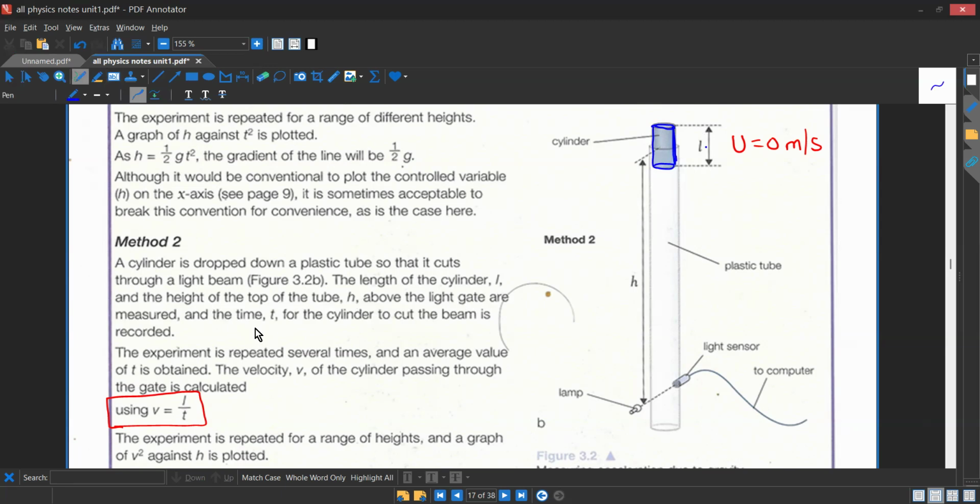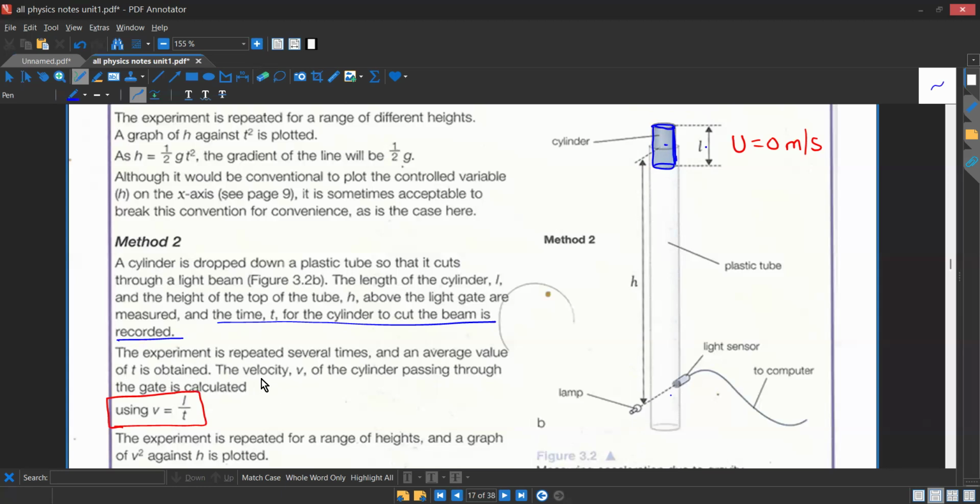The time T for the cylinder to cut the beam is recorded. Very important. So what are the measurements we have? We have the length of the cylinder, the height of the tube from where you're dropping it, and how long the cylinder cut the light beam. The experiment is repeated several times and an average value of T is obtained.